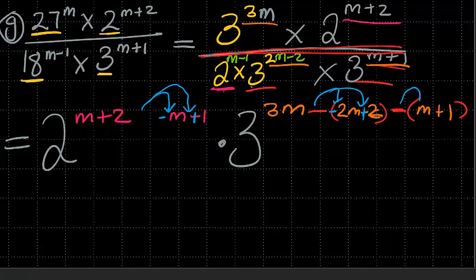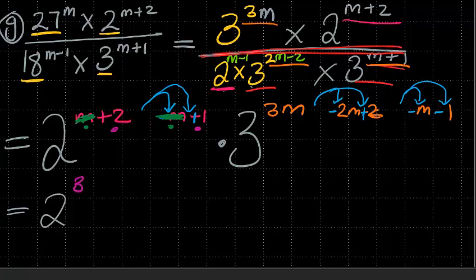I multiply this in there, it becomes minus m, and minus 1. So now that I've changed all my signs, notice now I take the minus on the outside away. Now I can add like terms. So this is equal to 2 to the power of: positive m minus m gives me 0. So those cancel out. And then I am looking at 2 plus 1, 3.